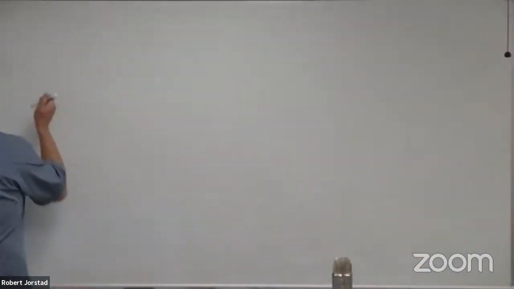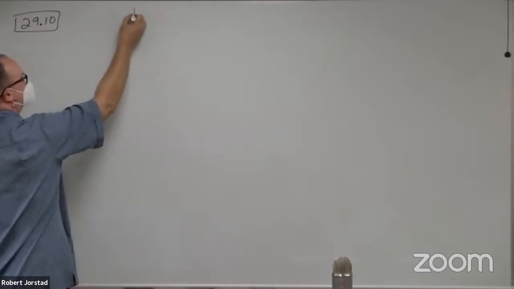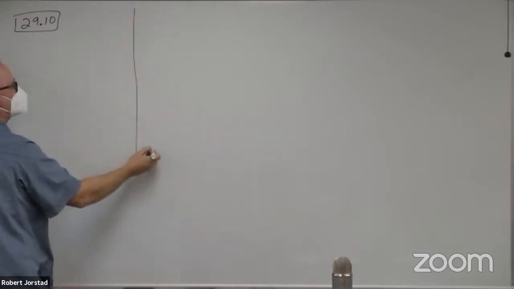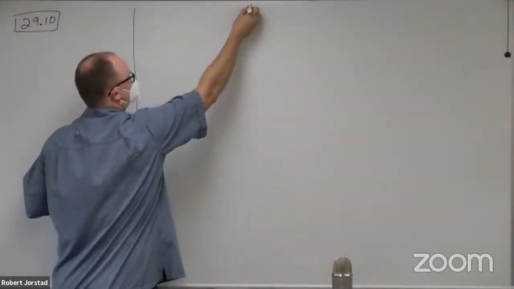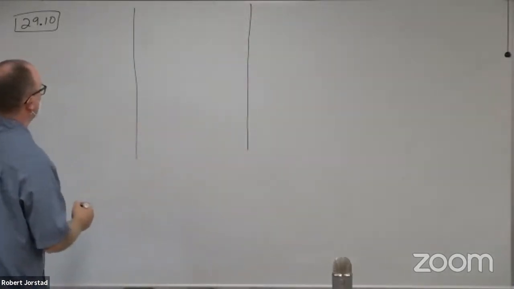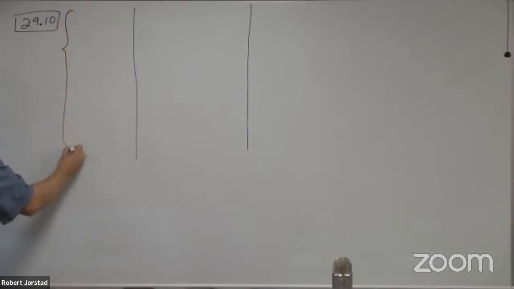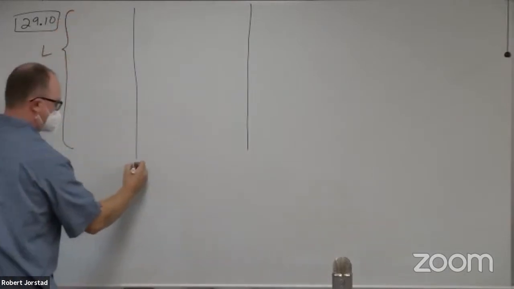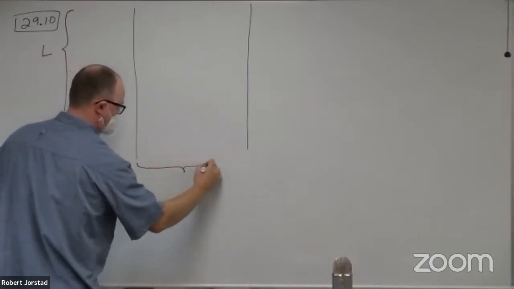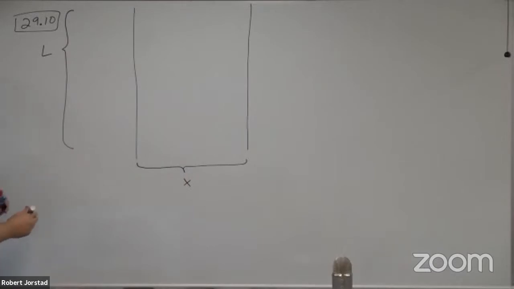What did they say? 29.10? We're gonna have a power supply somehow connected to some wires, connected this way. We know this whole thing has length L. We know the distance between them was X. We have two wires, some distance X apart.